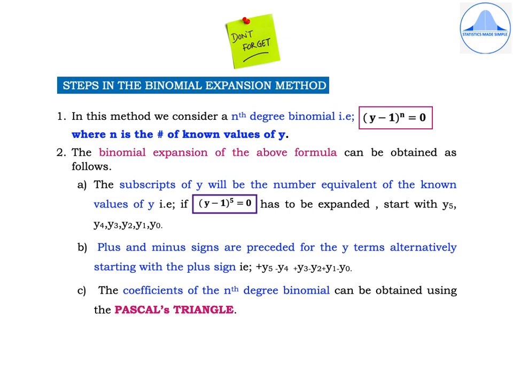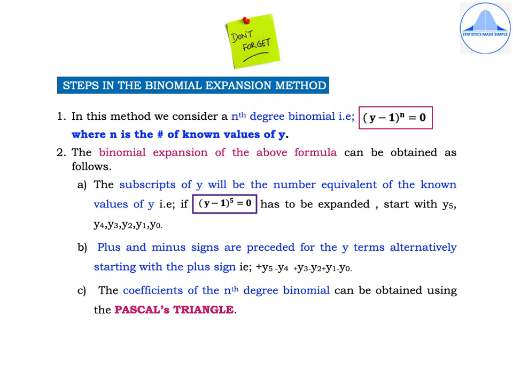So first we write the subscripts of y starting from 5 to 0. Then we put a plus and minus sign alternatively for the y terms, starting with the plus sign. So the terms will look like y5 minus y4 plus y3 minus y2 plus y1 minus y0.